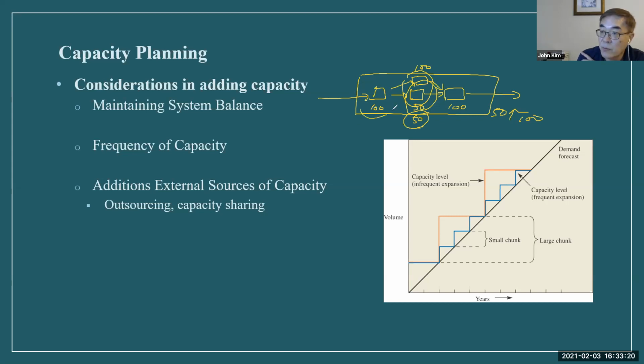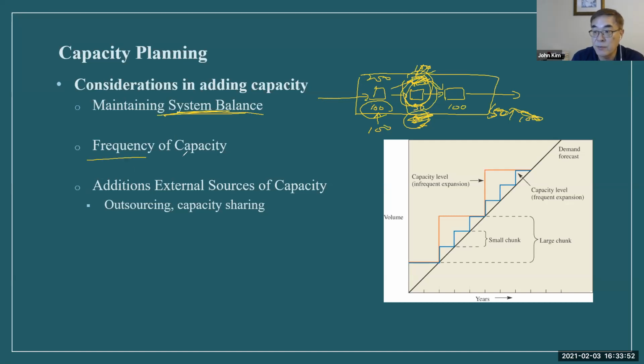So when adding capacity, we should consider this system balance. If we don't add this one, even if we add 100 here so the total is 200, it is still 50 because of this one. So when we add capacity, we should consider system balance.